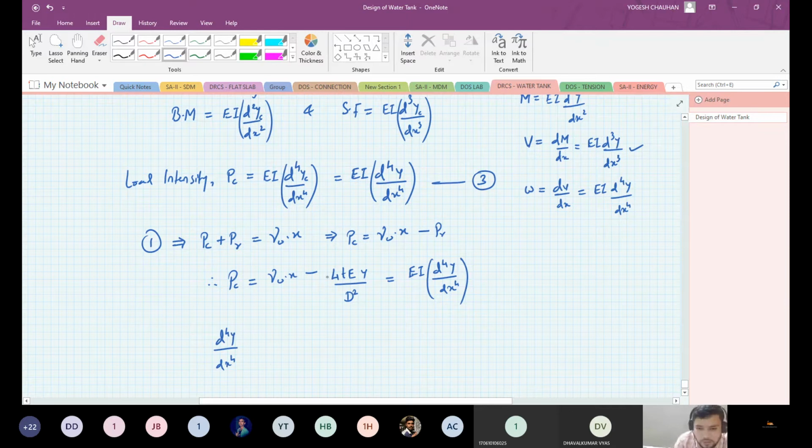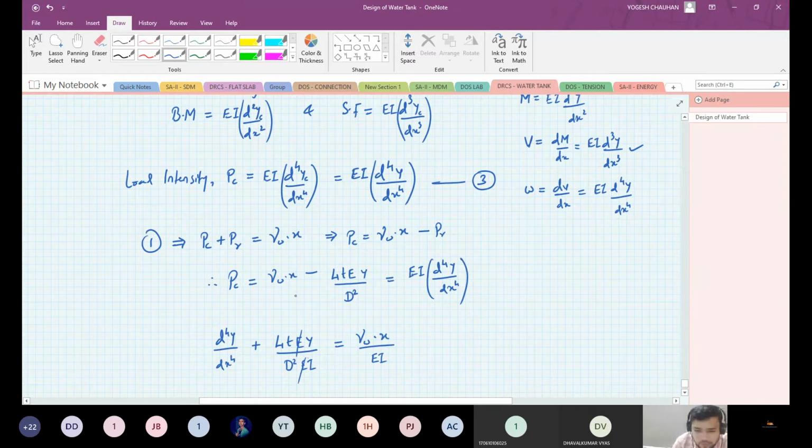We divide the EI term on both sides, so it will be d4 y by dx raised to the power 4 plus 4 t e y divided by t square into EI. This E and this E get cancelled. This should be equal to gamma w times x by EI.